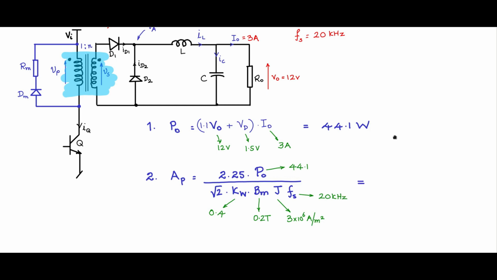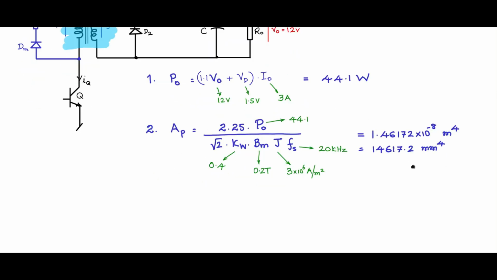Now if you apply all these and calculate, you get 1.4617 into 10 power minus 8 meter to the power of 4. Multiply this by 10 to the power of 12, you will get it in mm to the power of 4: 14,617.2 mm to the power of 4. Go to the wire table as before and then search for a core which has a higher AP than this. In our case here, we can still again select P36/22 pot core, which has an area product of around 20,000 mm to the power of 4.